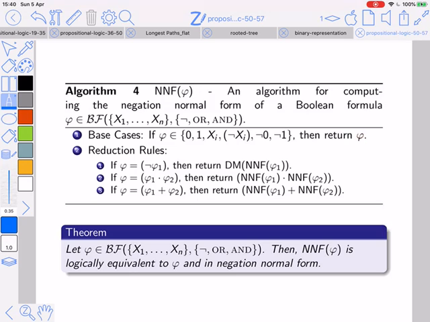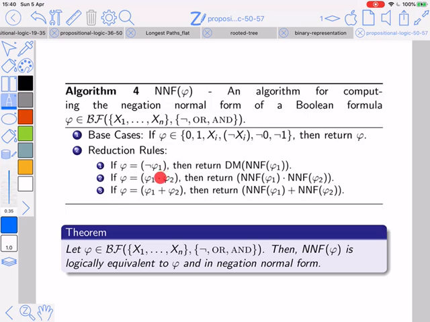Now let's focus on the reduction rules that apply if phi has a parse tree that contains more than 2 nodes. In this case, as before, phi is one of 3 forms. It is the negation of a subformula, an and of 2 subformulas, or an or of 2 subformulas. What do we do in each of these cases? Let's start with the last 2 cases, case 2 and case 3.